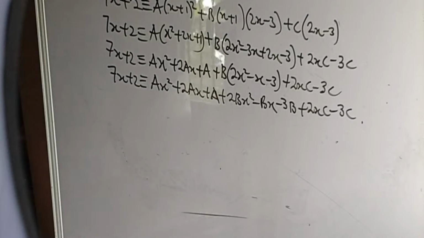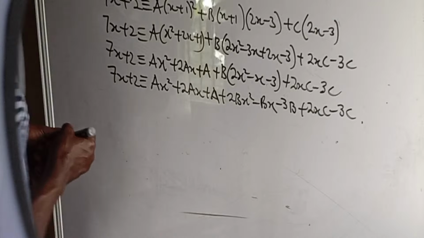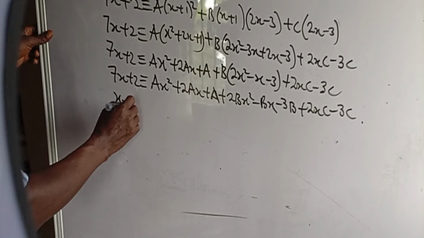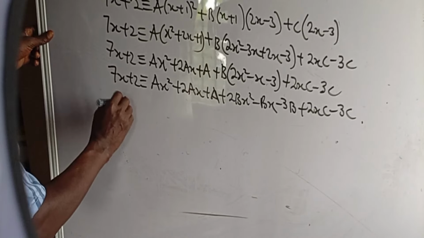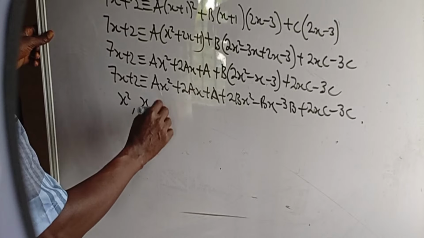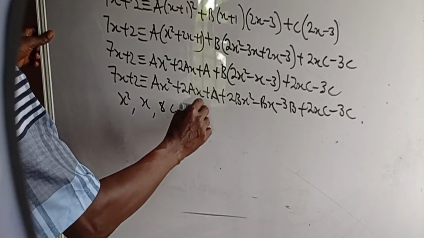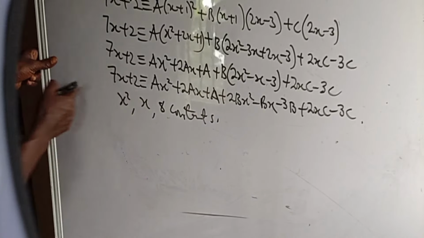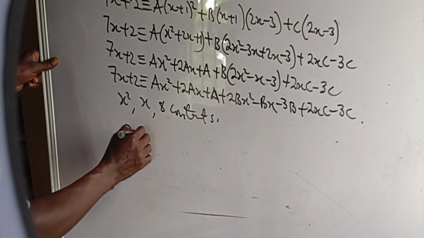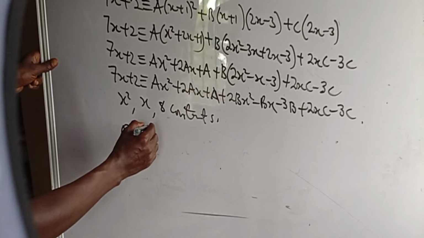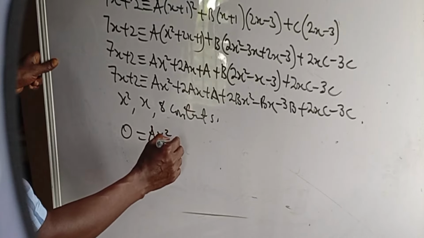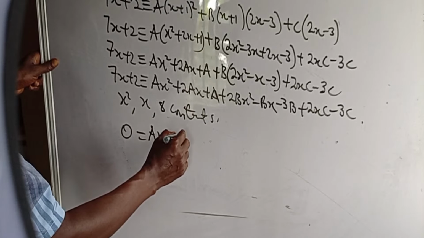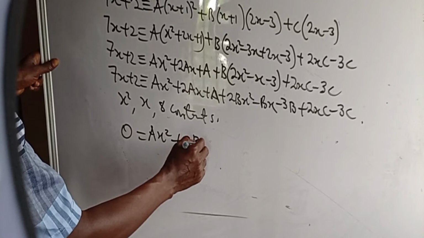So now we compare, without wasting our time, I've taught you something very close to this before. Let's compare the coefficient of x squared, x, and constant. On this left-hand side, there's no x squared, so we write 0. On the right-hand side, we have ax squared plus 2bx squared.